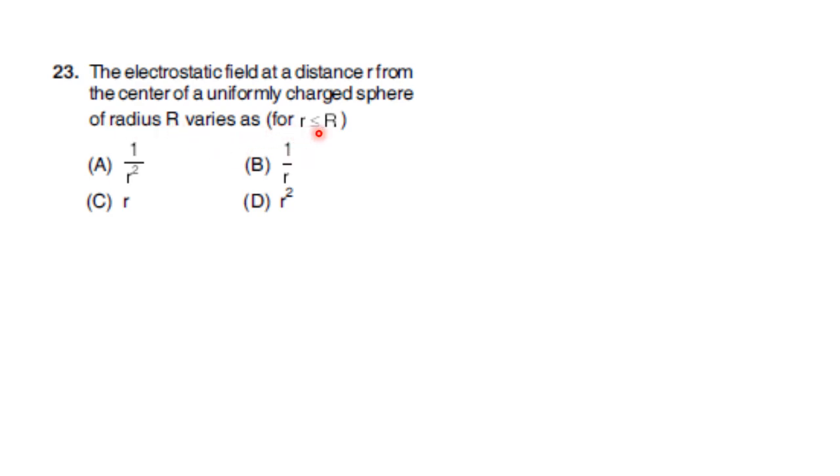The electrostatic field at a distance r from the center of a uniformly charged sphere of radius R varies as, for r less than or equal to R. Here we know that for a solid sphere, the electric field outside the sphere is given by kq upon r square, where r is greater than capital R. On the surface it is given by kq upon R square.